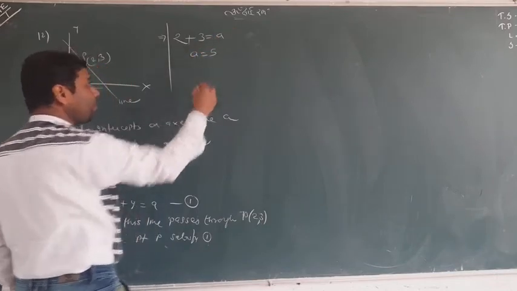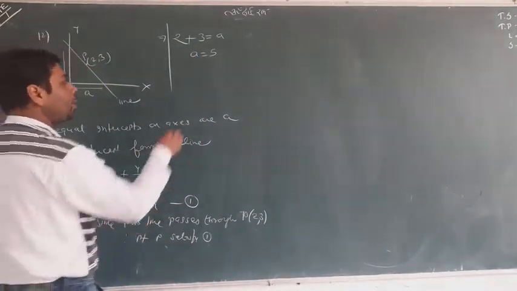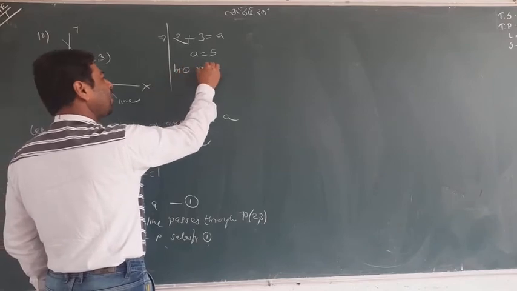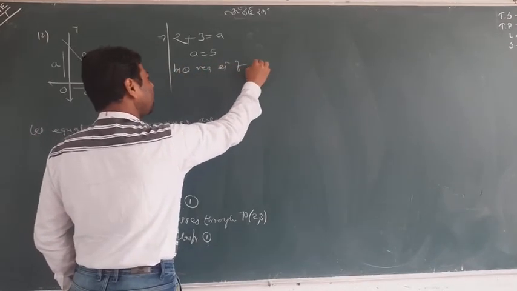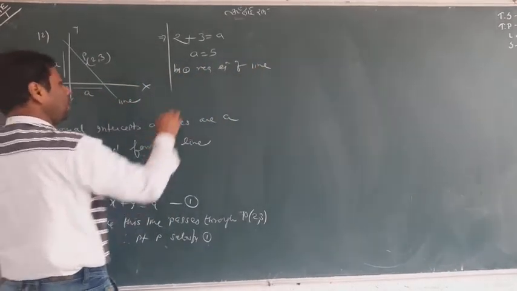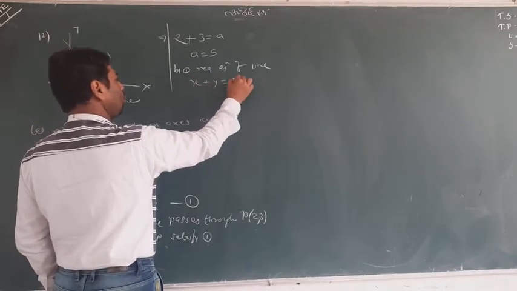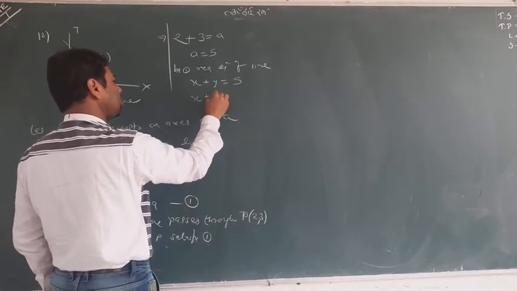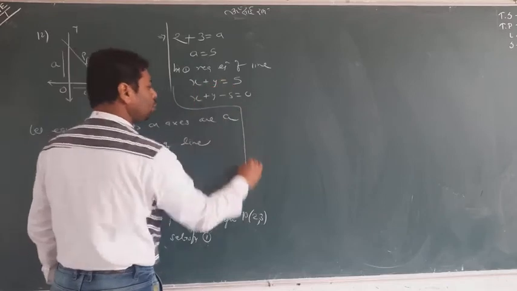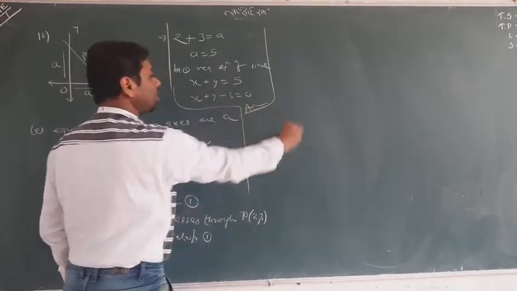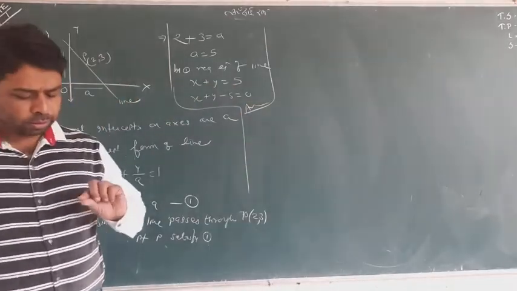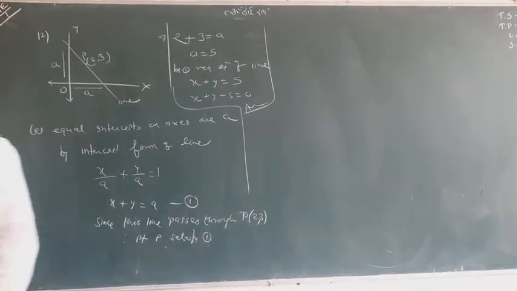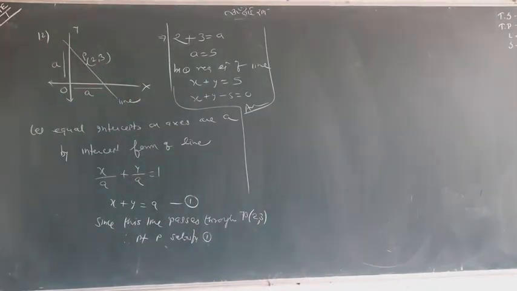So a is 5. And then I put 5 here. The required equation of the line is x plus y equals 5. You can drop your answer right here or transfer it here, no matter at all. Both are correct. This is my answer. So I hope you have done it. You got it. It's not a tough one, very easy it was. Okay.